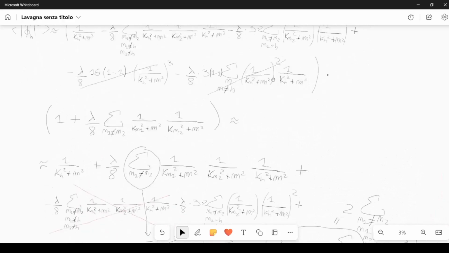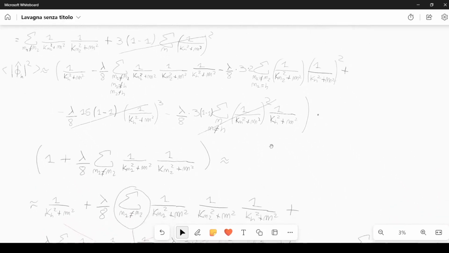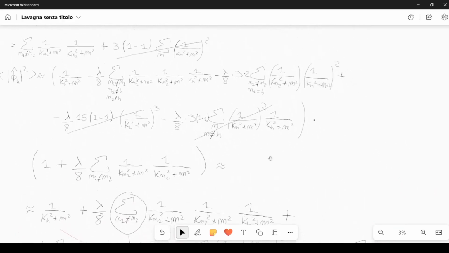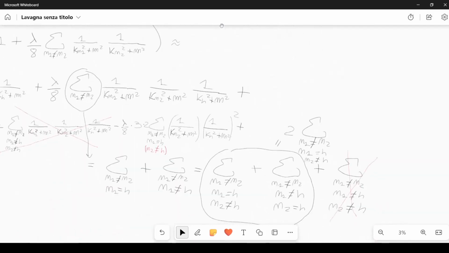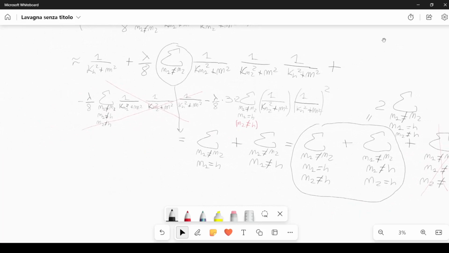Actually, I think that we are all set because all the other contributions are just 0. So here I have put a plus, but there is no plus there. You can put plus 0 if you want. This is just useless.